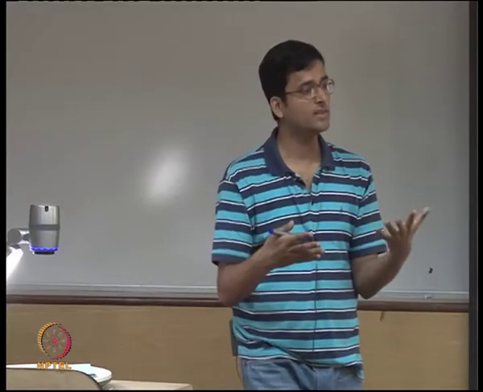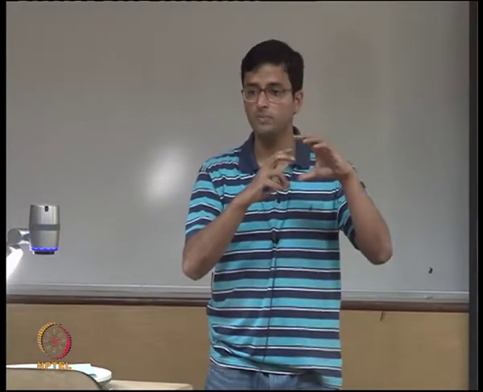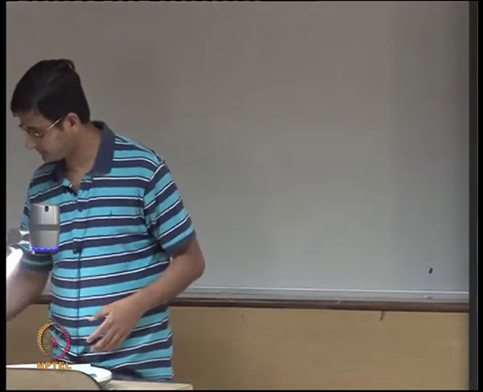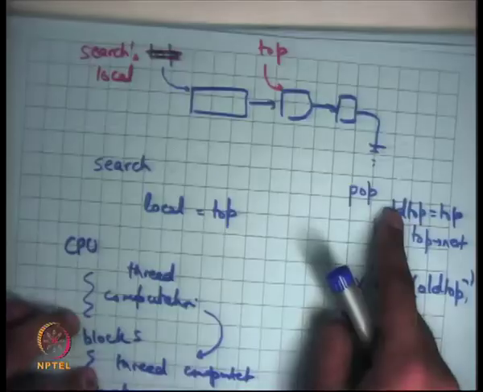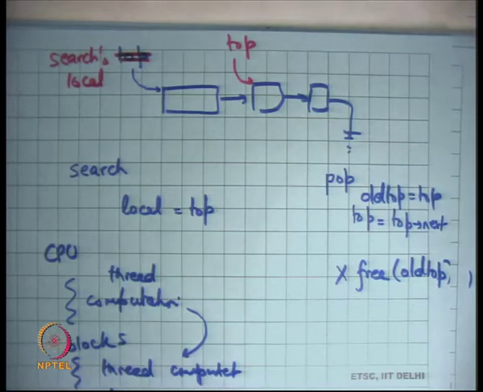Okay, given this information, I can devise a strategy. I can say that if there's a push or a pop, I do this atomic update, right? And I wait to free the location till there is a context switch on all the other CPUs.